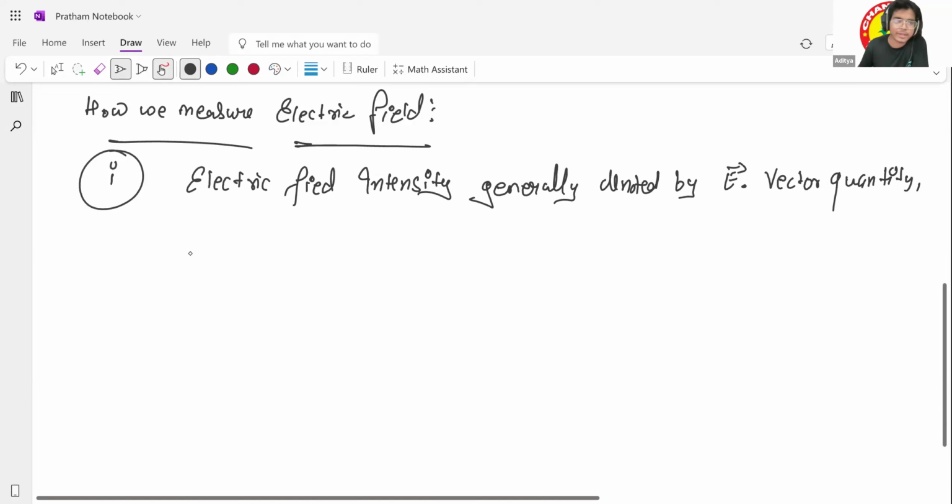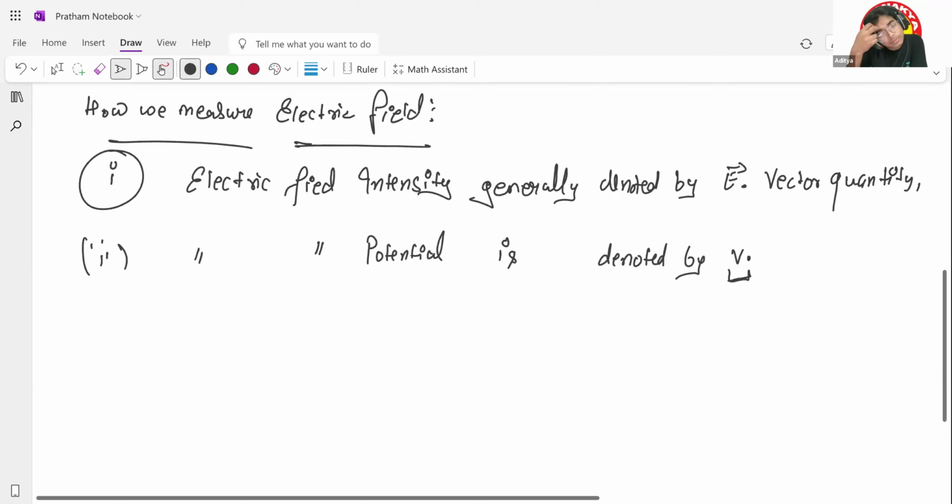At a similar time, I have another thing, electric field potential, which is denoted by V. What do you think? Will it be a scalar or a vector?